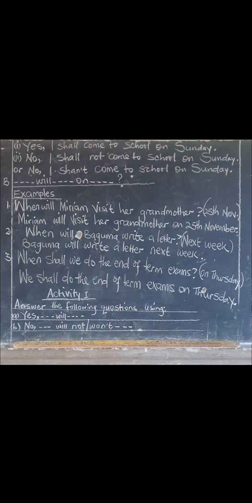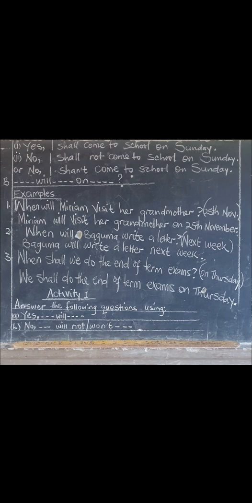Our activity number 1 goes with the structure A. Will you dash dash? And you answer using both yes and no. So answer the following questions using A. Yes, comma, dash dash, will dash dash.